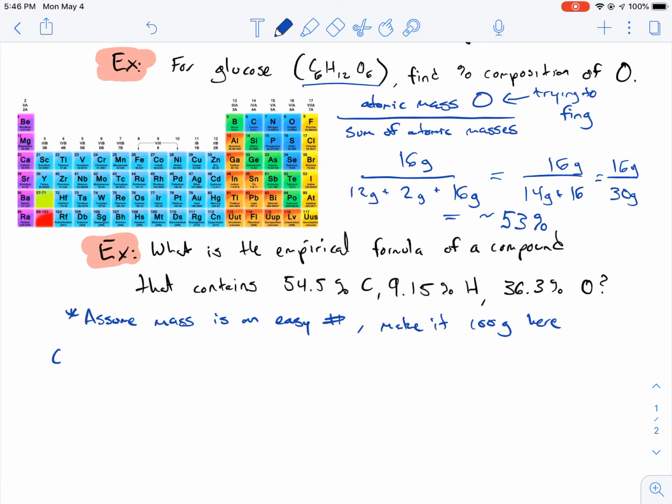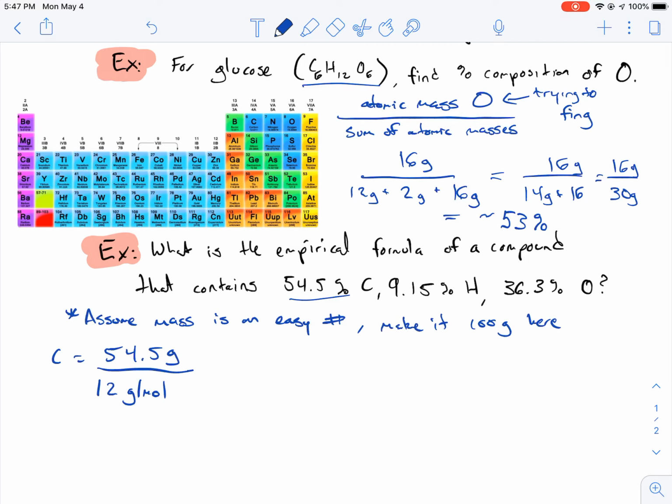And for the sake of the problem, if you added those up, you'll notice that they equal almost 100. So we can just convert our percentages here to grams. We're going to take carbon, 54.5 grams over 12 grams per mole. And you know why we did that?